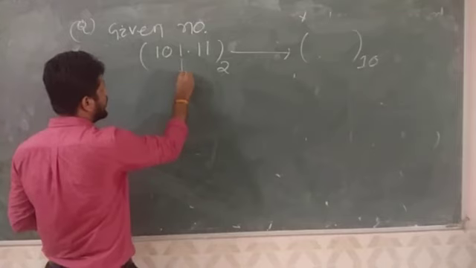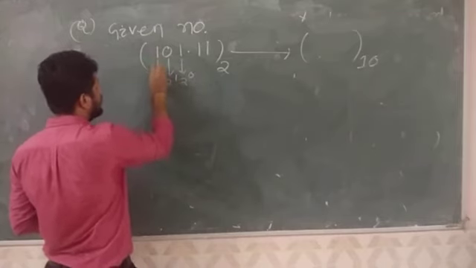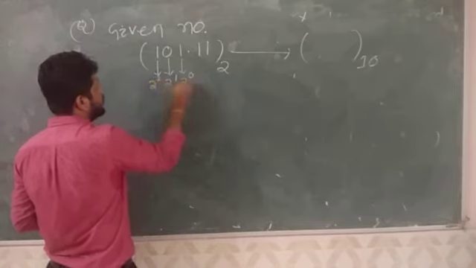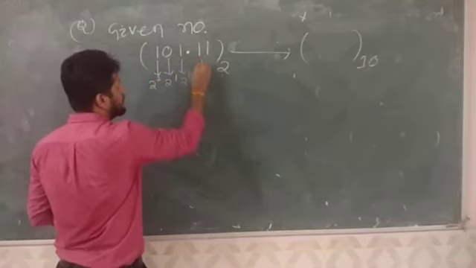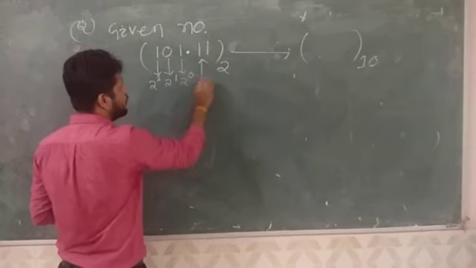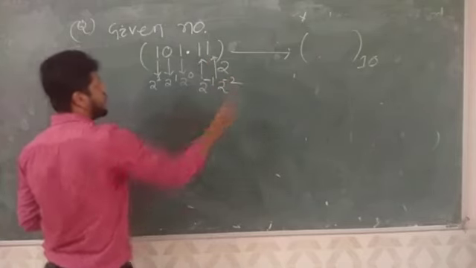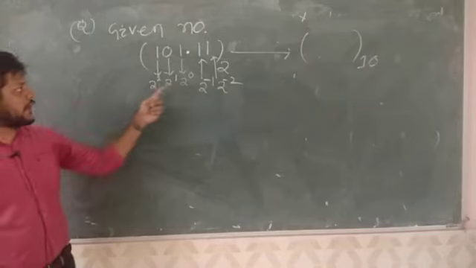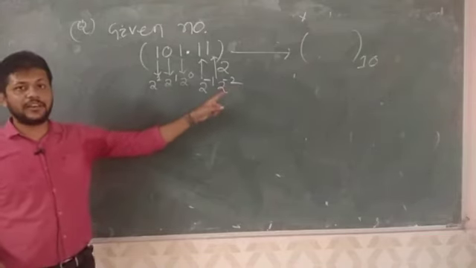Its positional weight is 2 to the power 0, then 2 to the power 1, then 2 to the power 2. After the point, the fraction, we write 2 to the power minus 1, and the next positional weight is 2 to the power minus 2. From left to right the power is increasing, from right to left the power is decreasing.